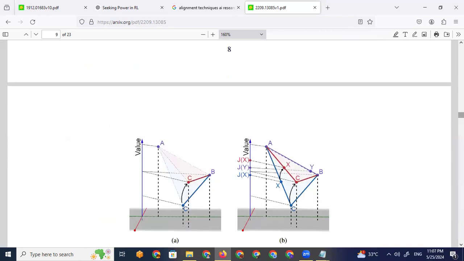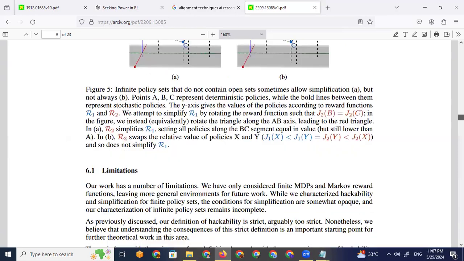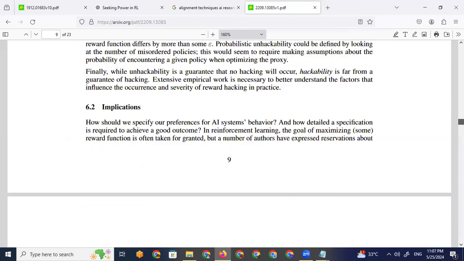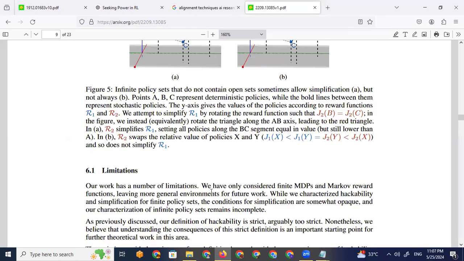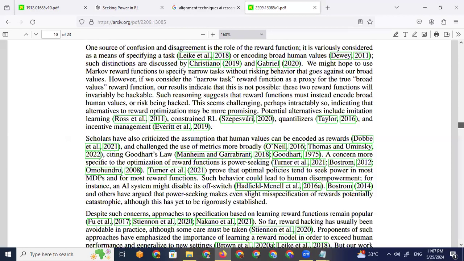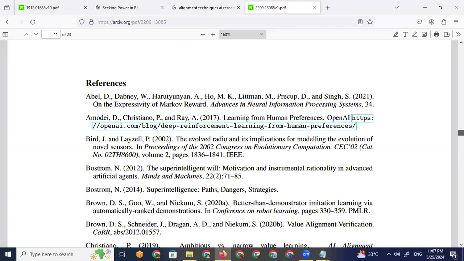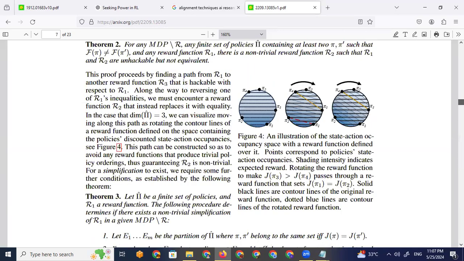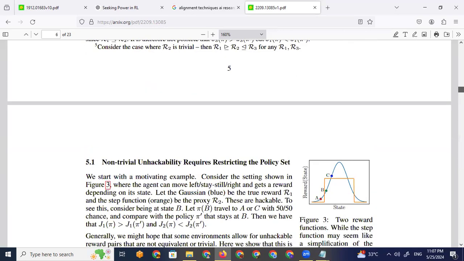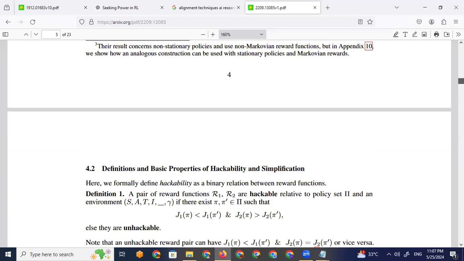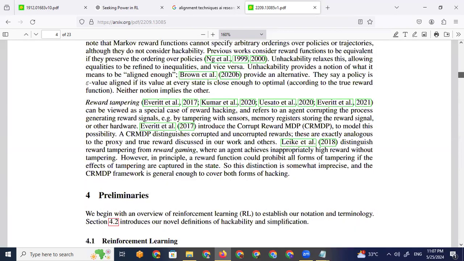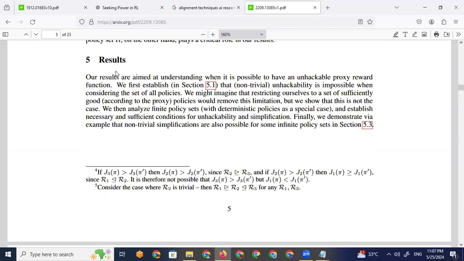So let's get to the discussion and see if there are any important points. What do we need for the most part? Conclusion, and then finite policy sets, non-trivial results. Yeah, let's come to the results. Our results are aimed at understanding when it is possible to have an unhackable proxy reward function.